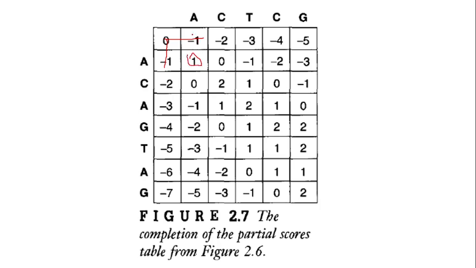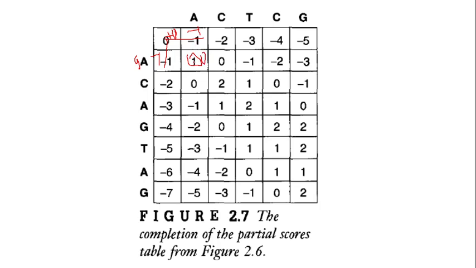So we need to add the gap penalty here, and the gap penalty here, and match or mismatch. Here it is A and A match, so we will add the match bonus 1. If it is A and G, we will add the mismatch penalty, that is 0. So it becomes 0, and we can write 0 here.